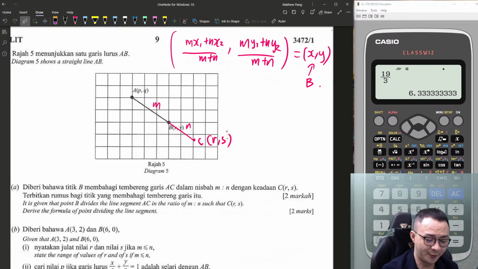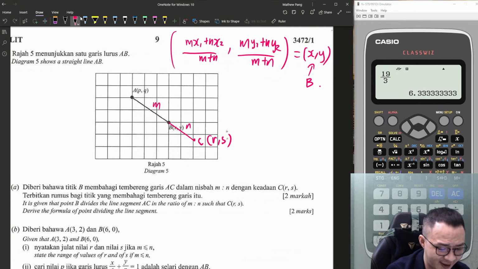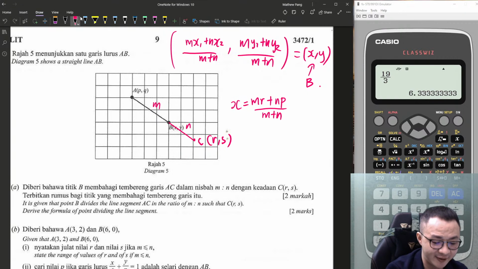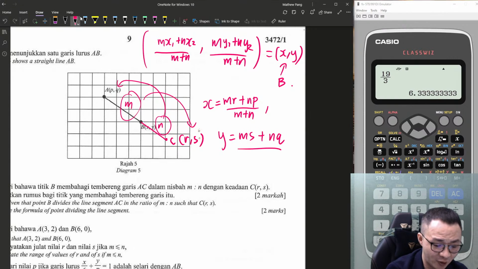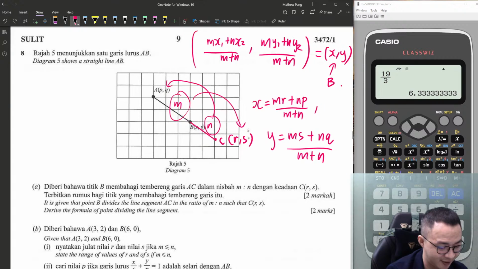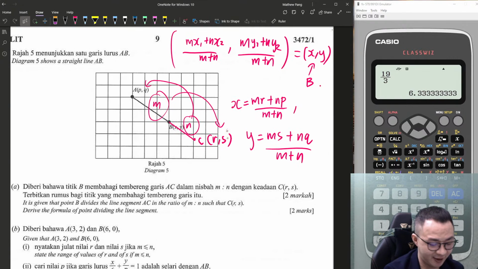I can say the x coordinate is m multiply r, mr, plus n multiply p, np, over m plus n, comma, and for my y coordinate I will do the same thing. I use m multiply the y coordinate, ms, plus n multiply q, nq, over m plus n. I think this is what you want.